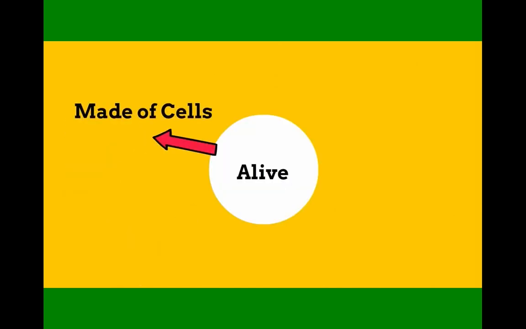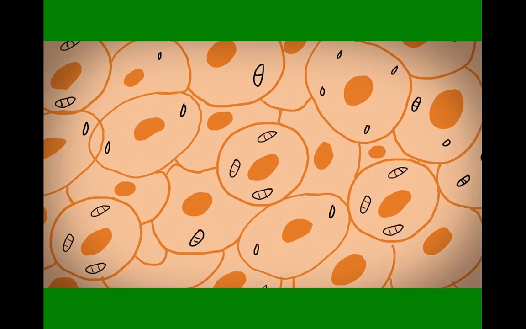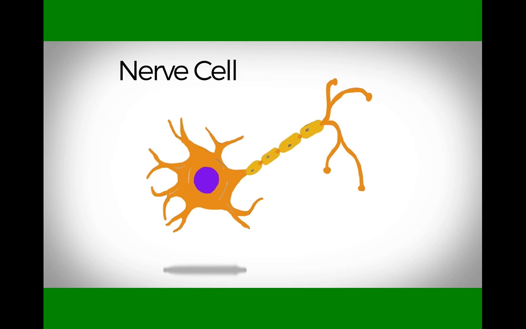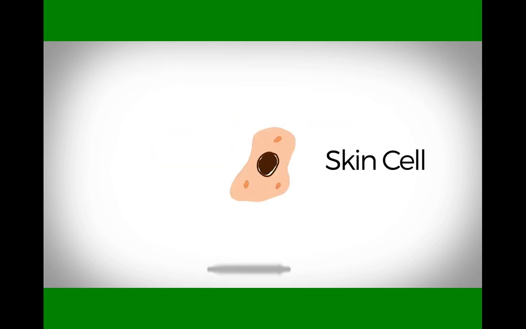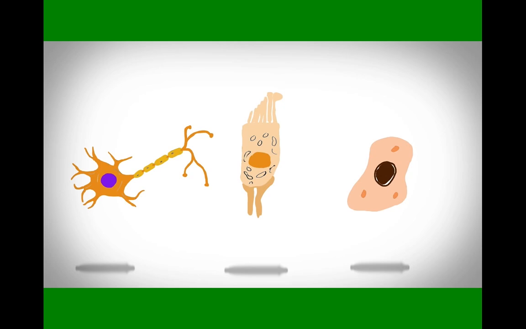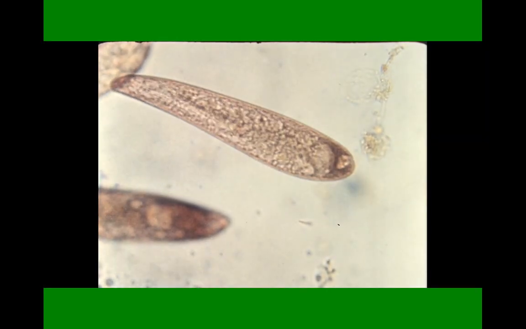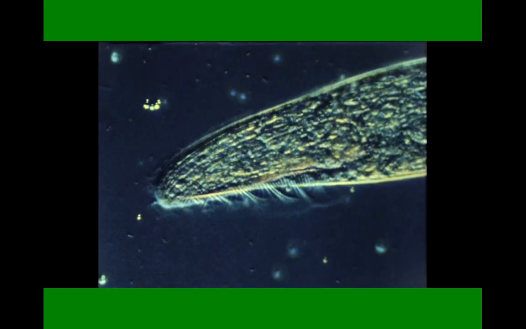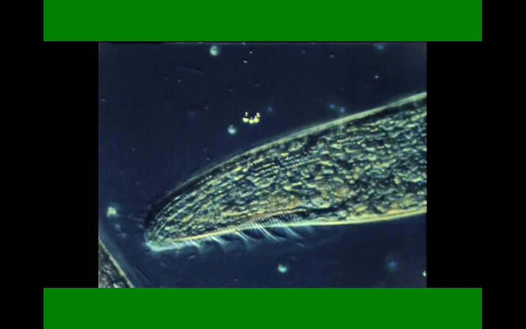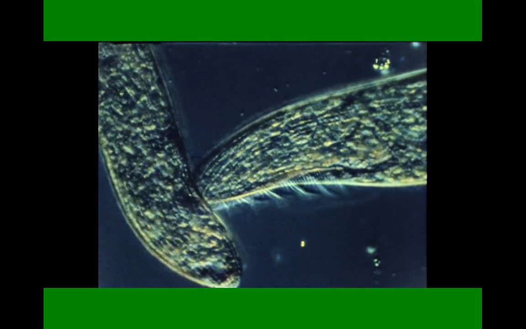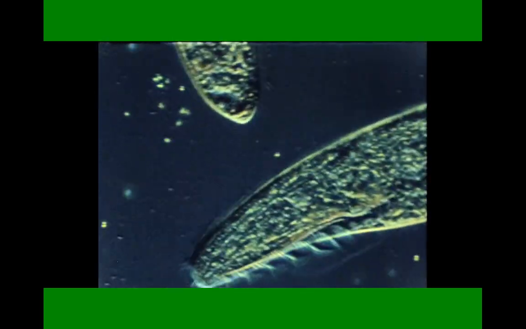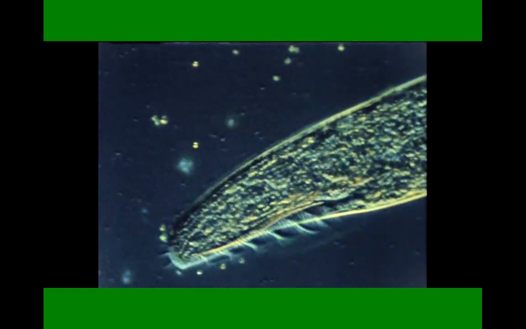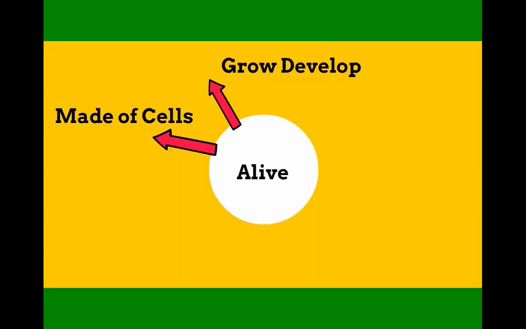The first characteristic of living things is that all living things are composed of cells. Next, living things grow and develop.